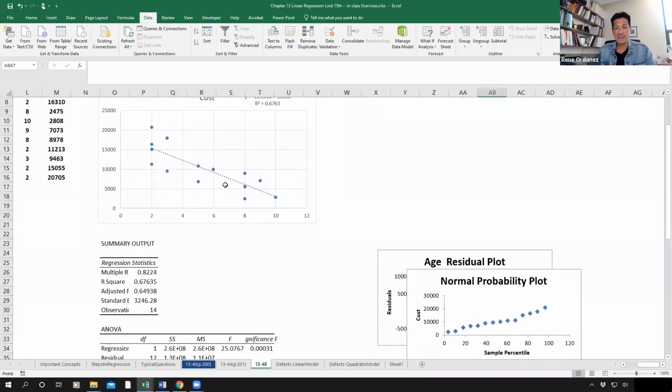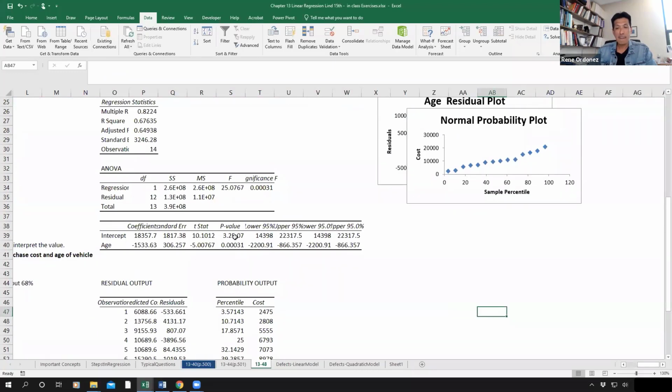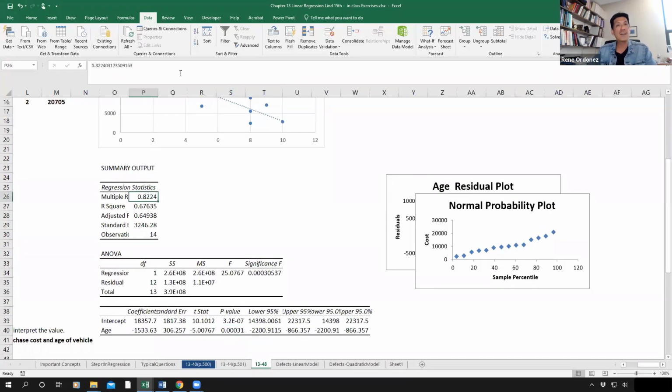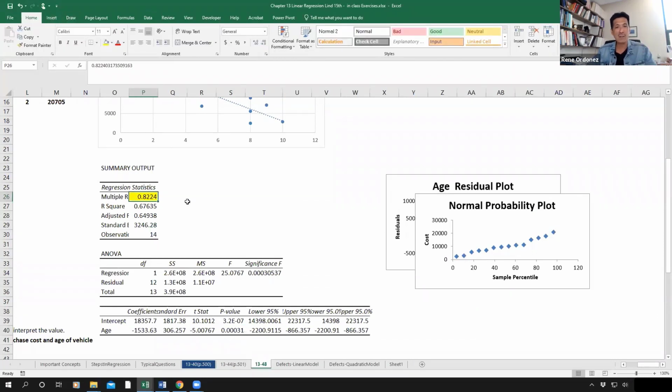So for this output, again, you can see the R, the coefficient of determination, which we obtained earlier, and the same thing with R squared.